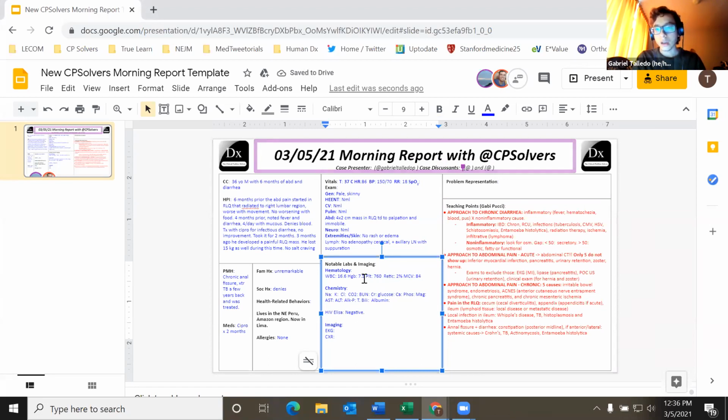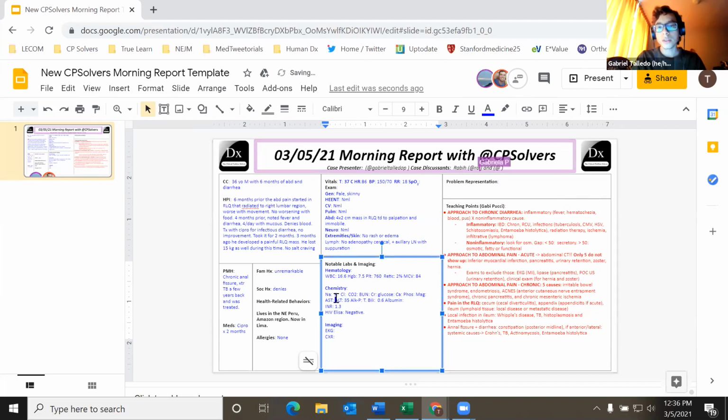INR, 1.3. Total bilirubin, 0.6. Liver enzymes, TGO 90, TGP 35. I think TGO is AST and TGP is ALT.